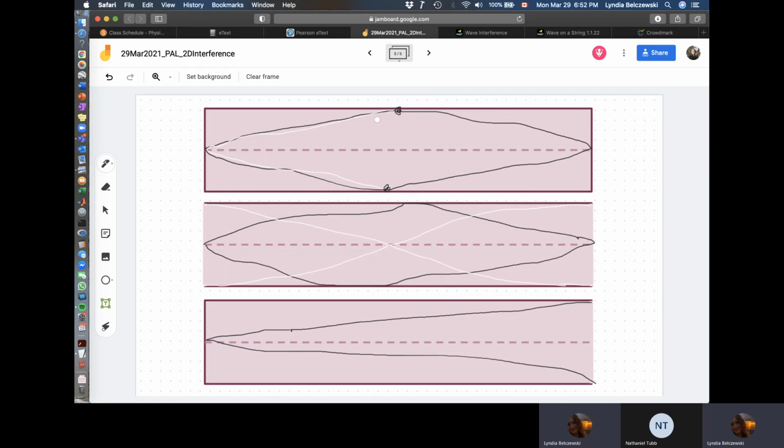So what I've traced over in white is actually the same type of pattern as this right half of the standing wave pattern in the tube with both open ends.